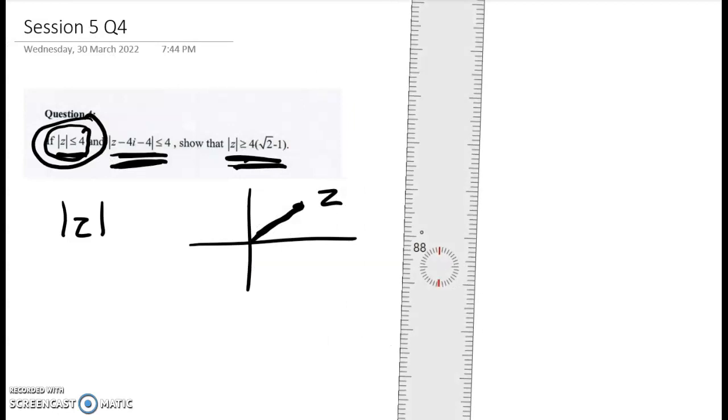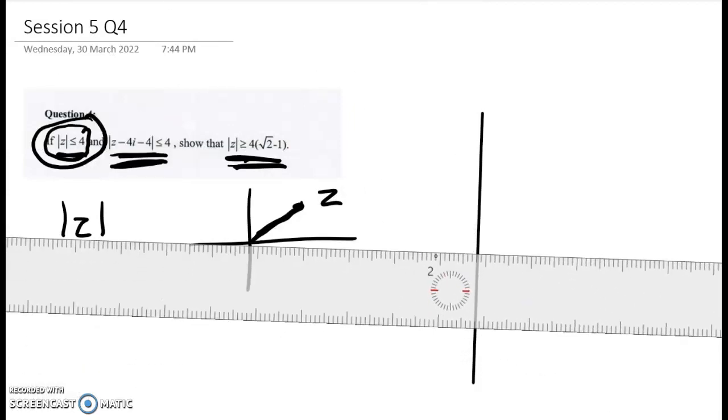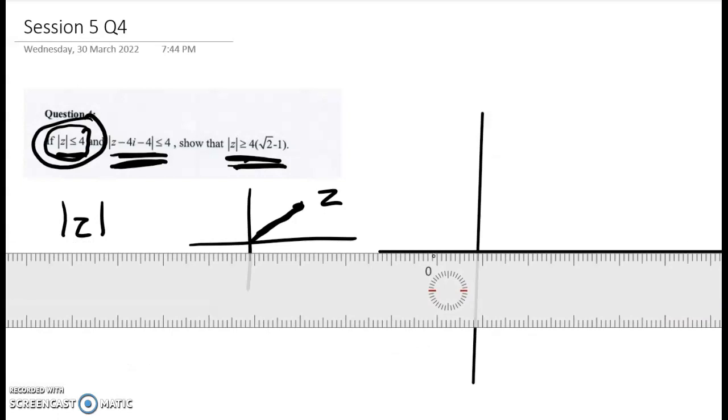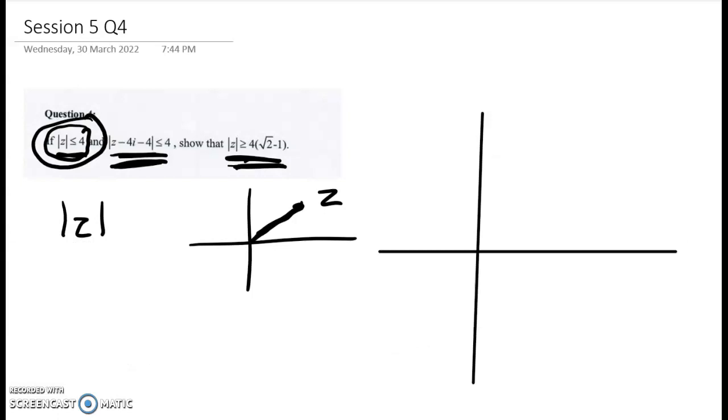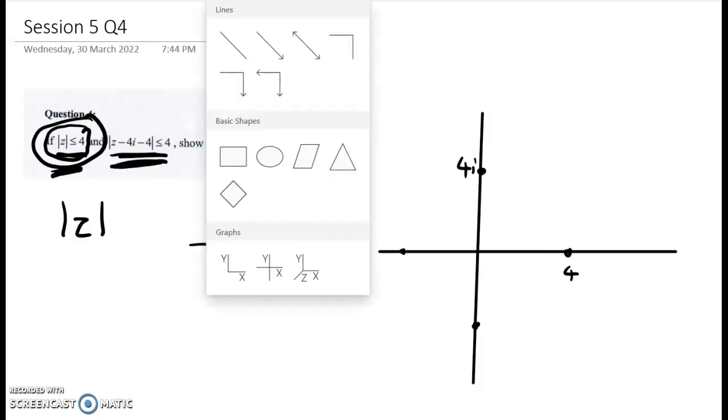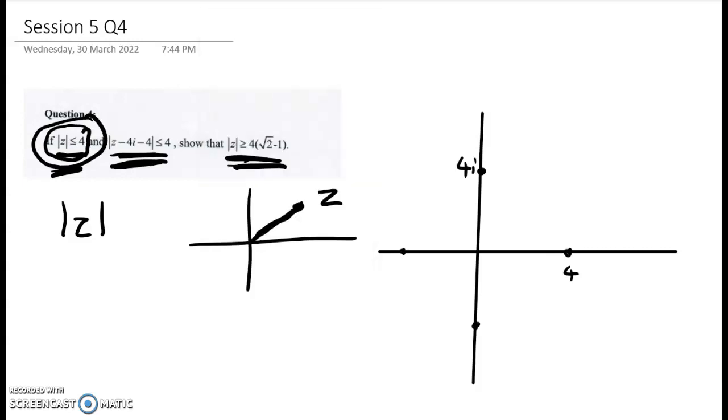Now, I've got a nice graph done in another slide or two, but just doing this one here, this is a very simple locus. It's a circle. It's the equation of a circle. So the distance from the origin has to be 4 or less. You can see that what we're going to draw there, let me try and do it properly with a circle.